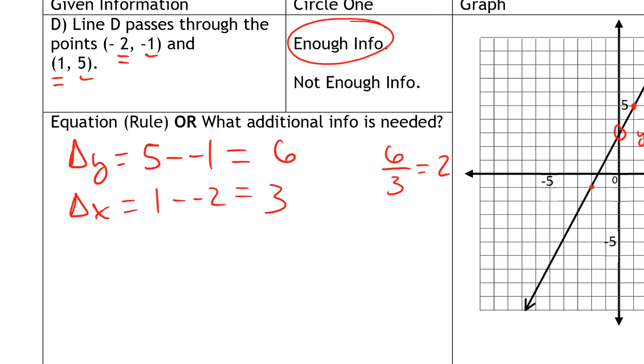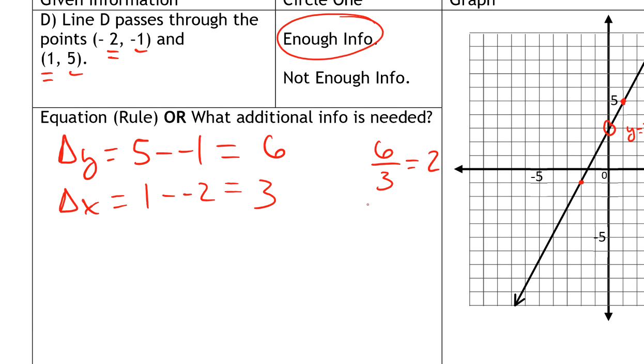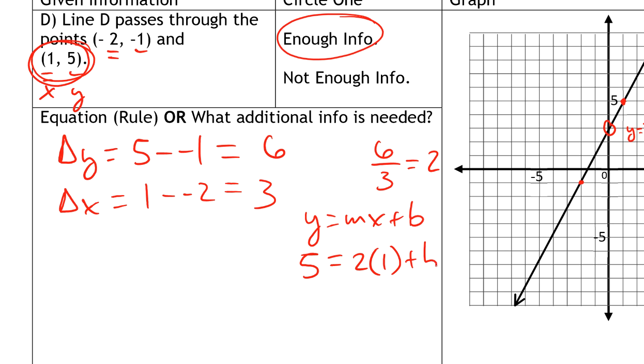And I just want to confirm, is the y-intercept really 3? It's pretty easy to do. I'm just going to pick one of my 2 points. I've got an x value and a y value, and I'm going to plug those into y equals mx plus b. My assumption is that it's a line, and y is 5, and that's going to equal 2 times my x value of 1 plus b.